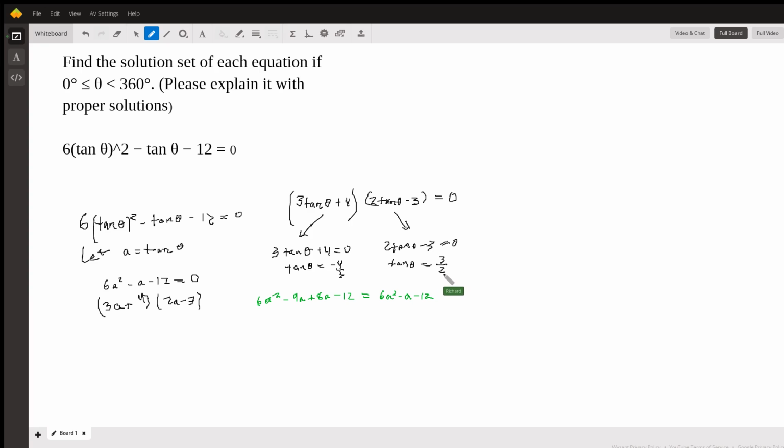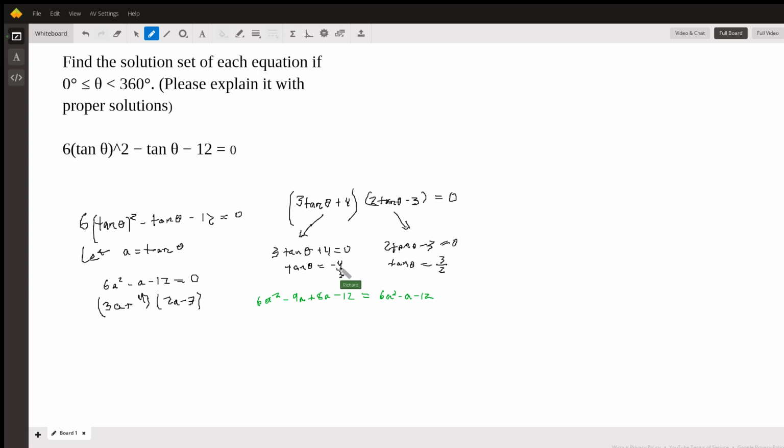So there we are. Now, in terms of proper solutions, I'm not sure what's meant there. Usually, if it's a reference angle on the unit circle, they'll say give us an exact answer. They're not saying that, and I don't recognize these as being unit circle values.